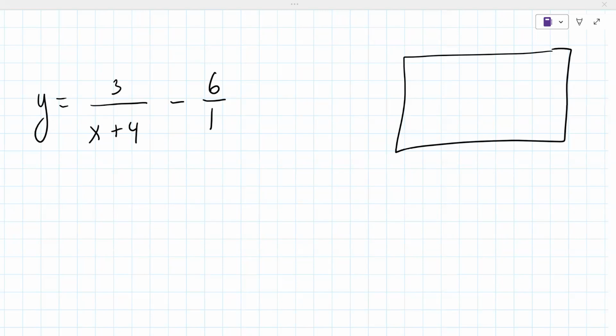Would it be x plus 27 over x plus 4? Like this. There's definitely a couple of mistakes in there. Sorry, plus 4 on the bottom. Yeah, that's fine.